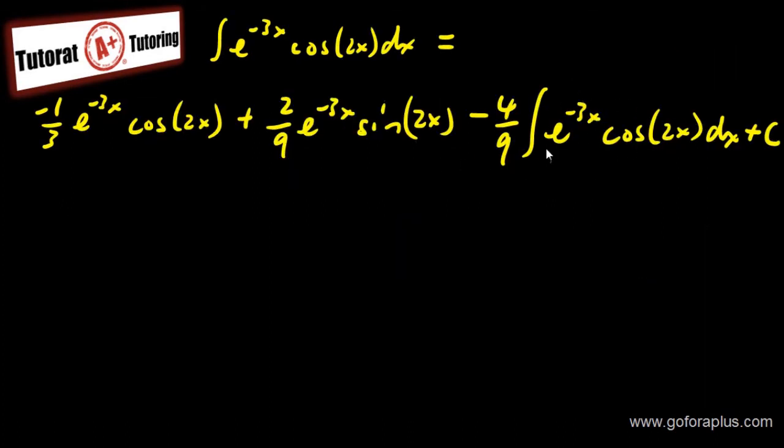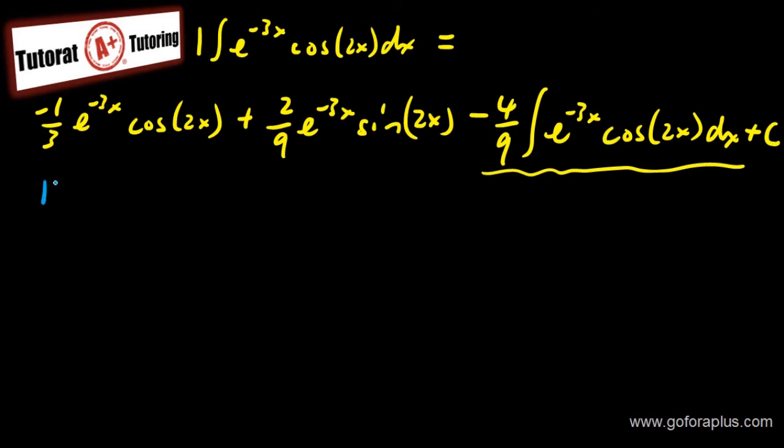Now I know that this integral is the same thing as my question here, right? So I need to group them. I'll need to put this term to the left side. It becomes a plus 4/9. Plus 4/9, it becomes 13/9 because this is a 1 here. 1 plus 4/9, which is 13/9.